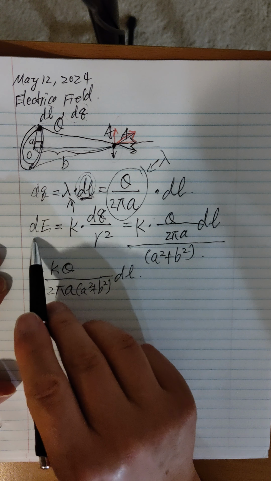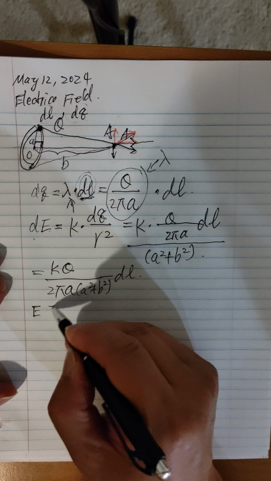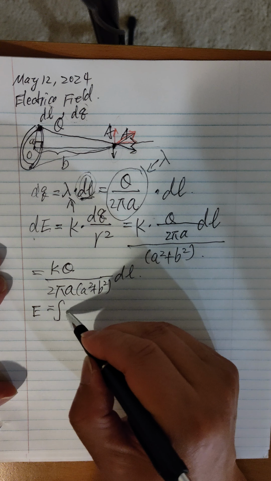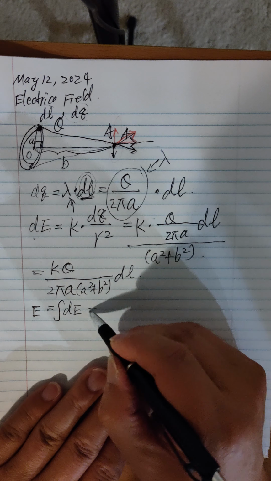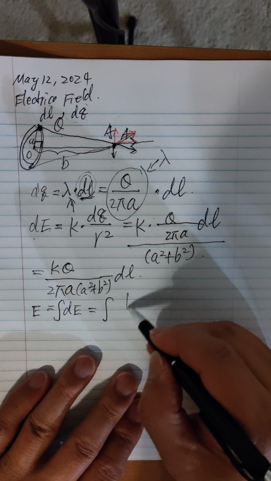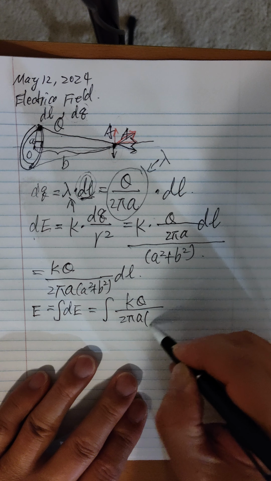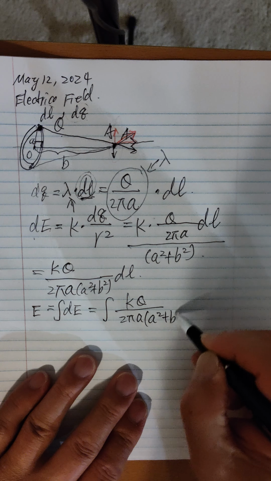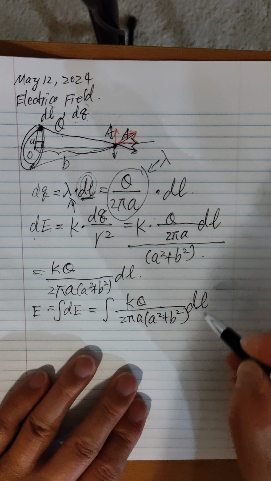Now we can find the E, the magnitude of E, which is the integration of dE, right? So it's going to be the integration of the whole thing right here, which is kq over 2 pi (a squared plus b squared) dl.